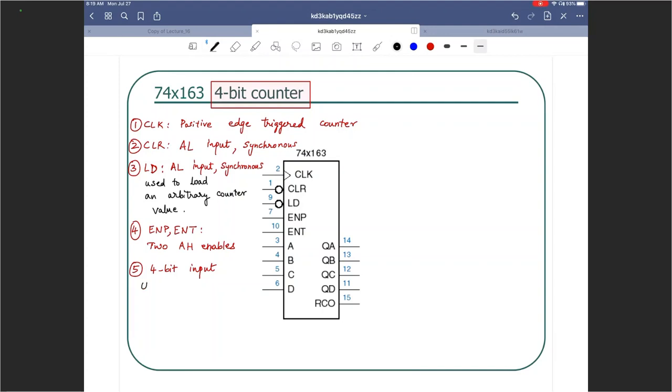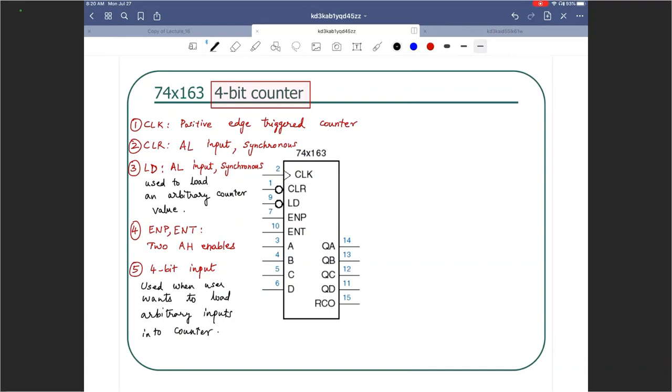So this is used when the user wants to load arbitrary inputs into the counter.